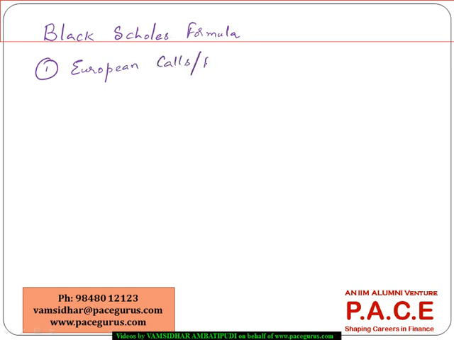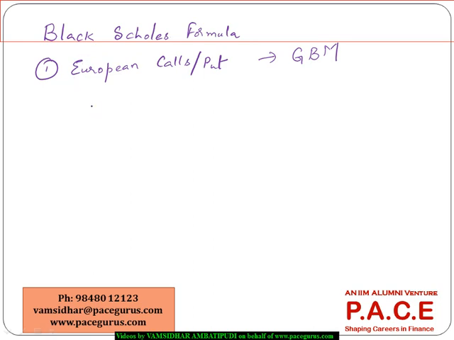It's not applicable to American options in a straightforward manner, and it assumes that share prices follow a geometric Brownian motion, with continuous time and continuous state space.